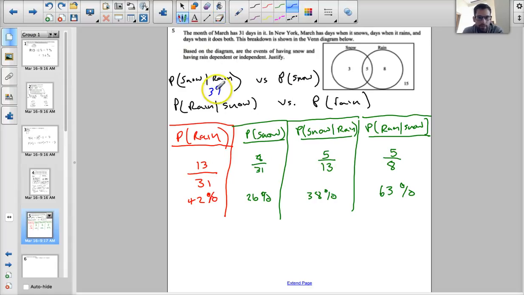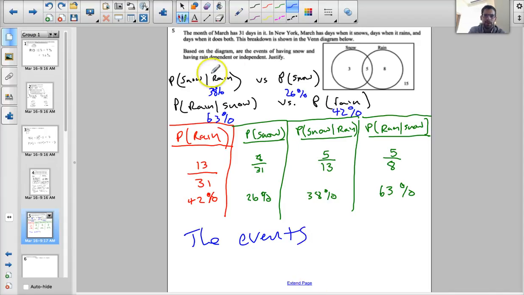That means if it's already raining, there's a 38% chance it's going to snow at some point, whereas the probability of it snowing on any given day is 26%. So if it's raining, it actually makes it more likely that it'll snow later. And the probability of rain given snow is 63%. So if it is already snowing, there's a pretty good chance it's going to rain, versus the probability of rain being just 42%. So we're going to say that these events are definitely dependent.